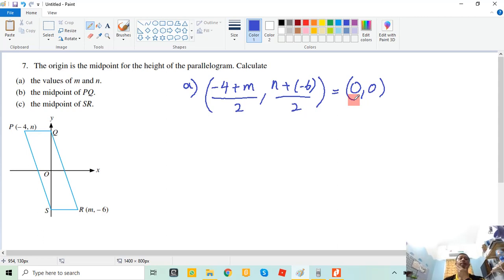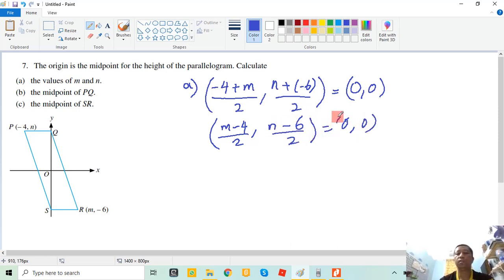Well, this is easy. Okay, so maybe if we can simplify, so m plus -4 we can write as m minus 4 divide 2. N plus -6 is actually n negative 6 divide 2, and this is equal to 0, 0.